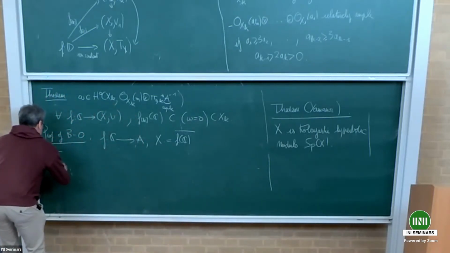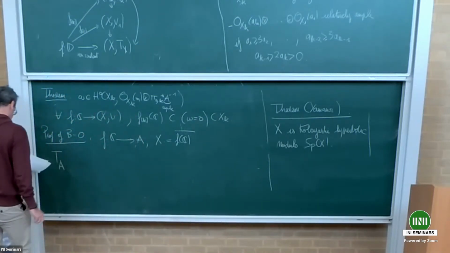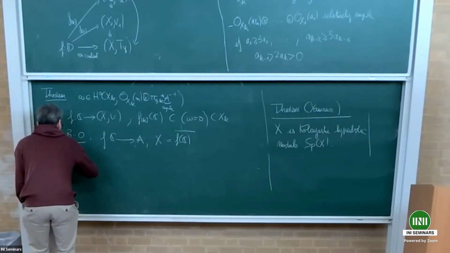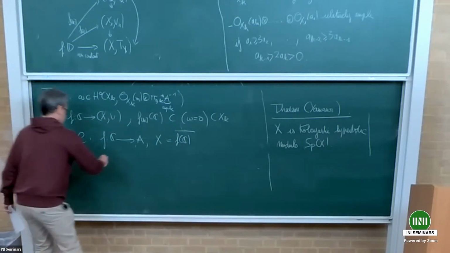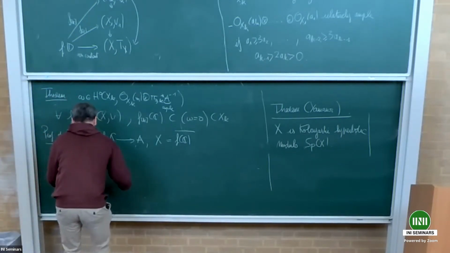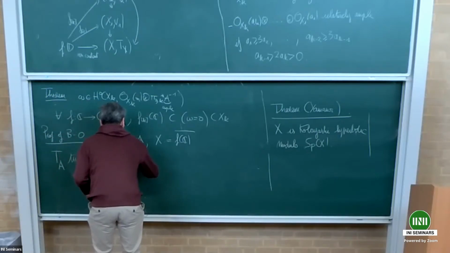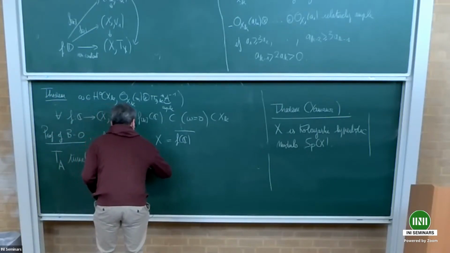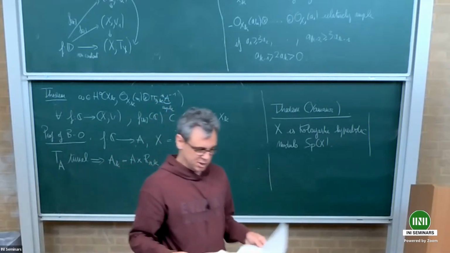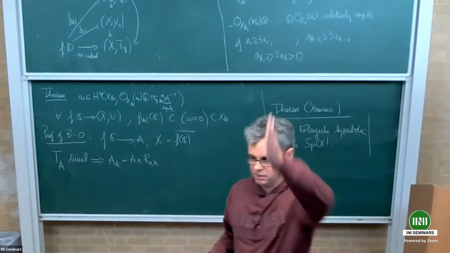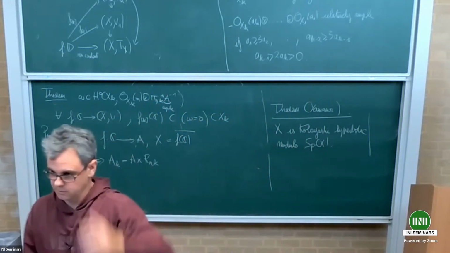This is really the crucial fact here. So you see immediately that any jet space is in fact just a product of A times a variety, which I will denote R_{n,k}, which is just the fiber in the construction of the Semple jets.